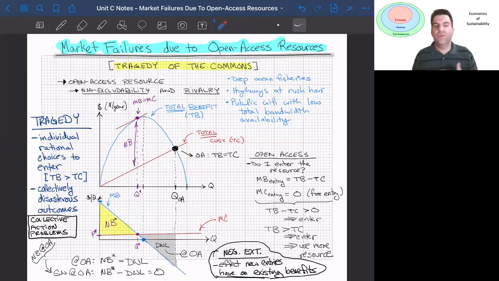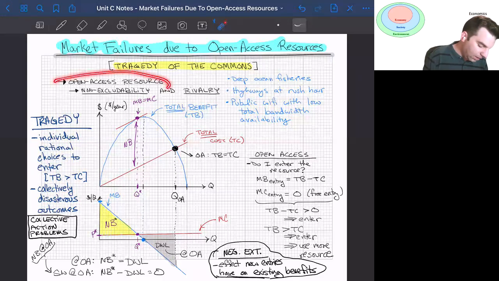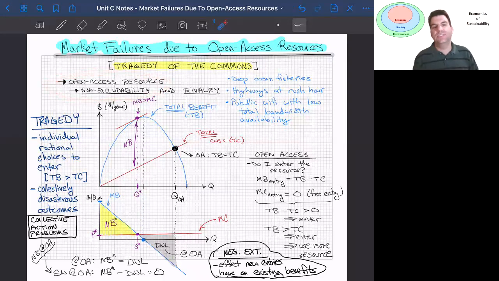So there are a number of different ways that you can solve these collective action problems, but they're all going to somehow relate to introducing some form of exclusivity to the access. And so either only those who have paid for the resource can use it, or maybe you're going to privatize the resource and then have a gatekeeper deciding who gets to use it and who doesn't, and all of those sorts of things.